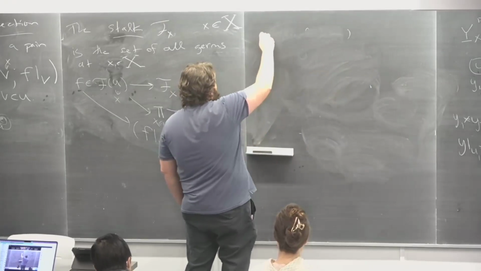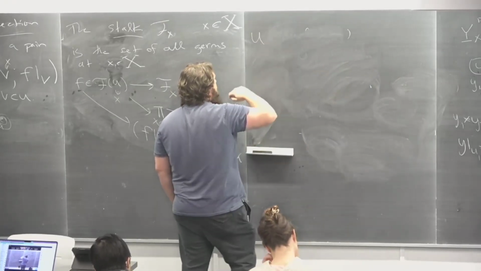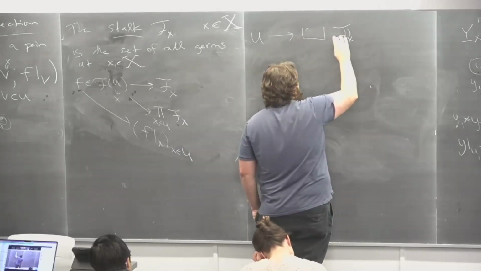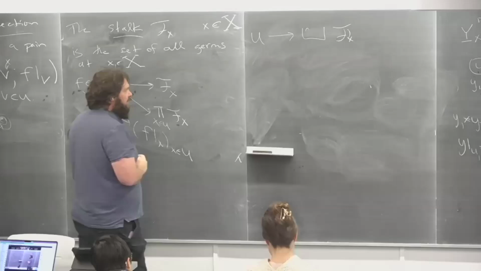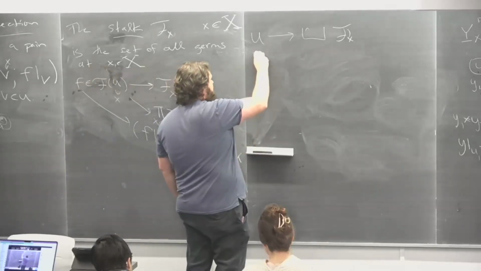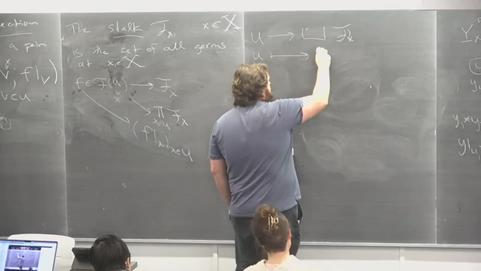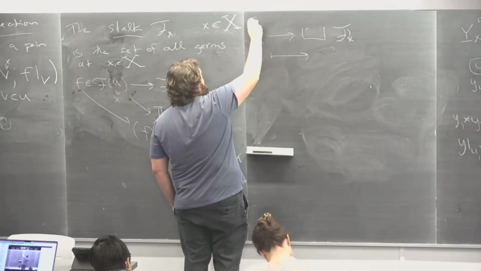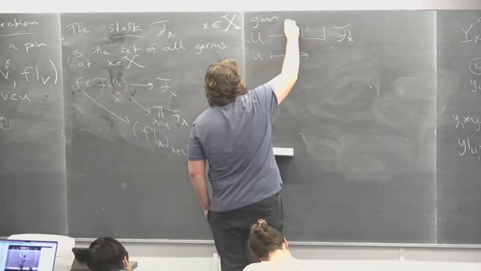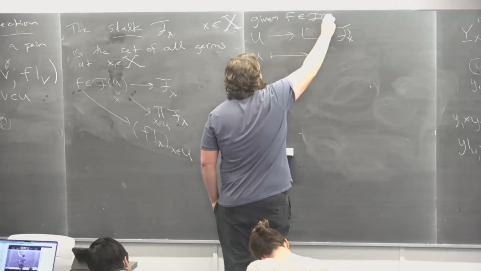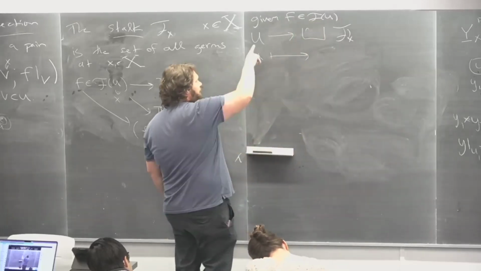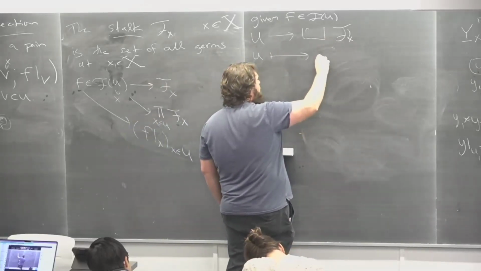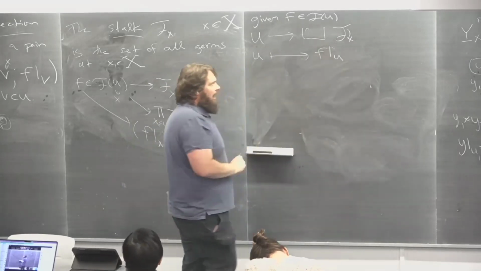So you can also think that there's a map from U into the disjoint union of all of these sets. Oh, sorry, I said the wrong thing here. Given a section over U, I get a map from U into here, which sends x to the germ of the section at x.